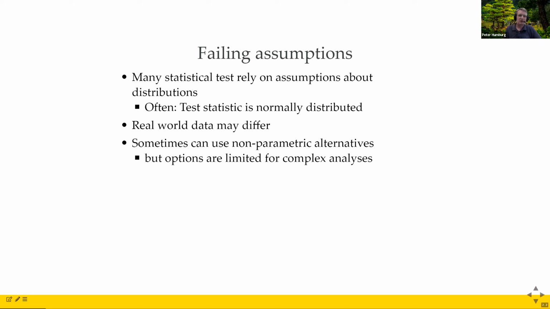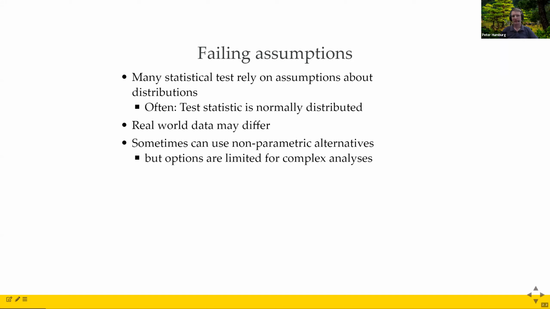You've probably heard of non-parametric tests, which you might use in those cases, right? If assumptions look dubious, then let's just use a test that doesn't use those assumptions. That's of course also a reasonable thing to do, but it can limit a little bit what we can do, right?